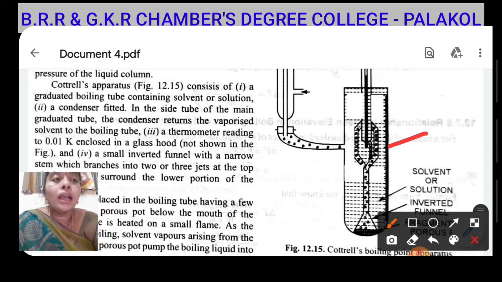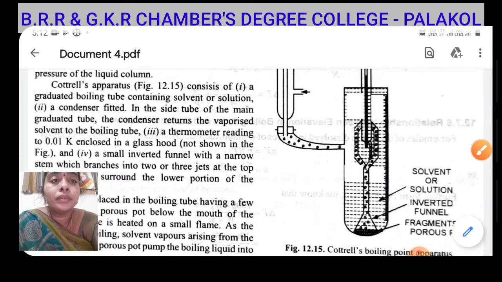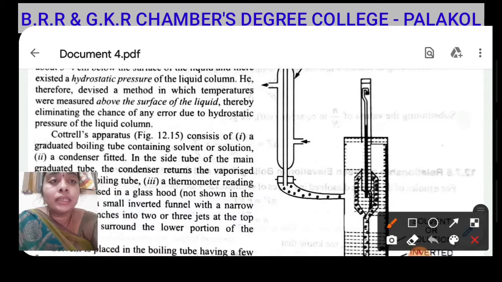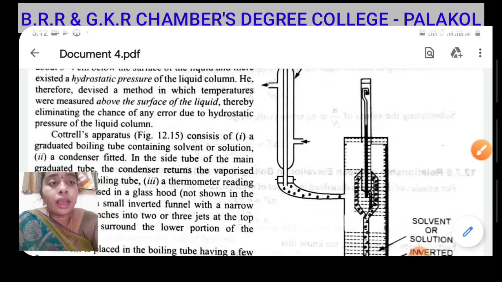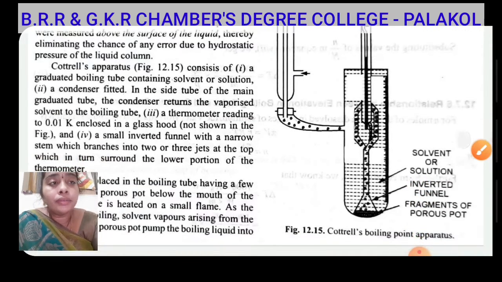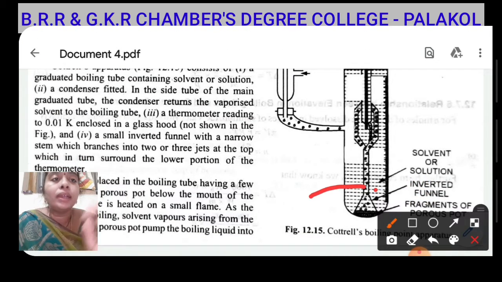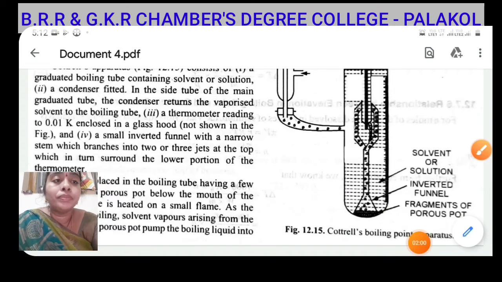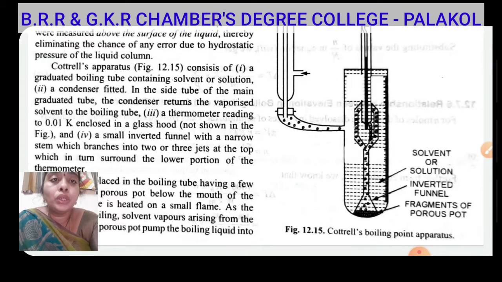This is the graduated boiling tube, this is the condenser, this is the thermometer, and this is the inverted funnel. So I will explain each part in this section. The graduated boiling tube contains the solution or solvent.